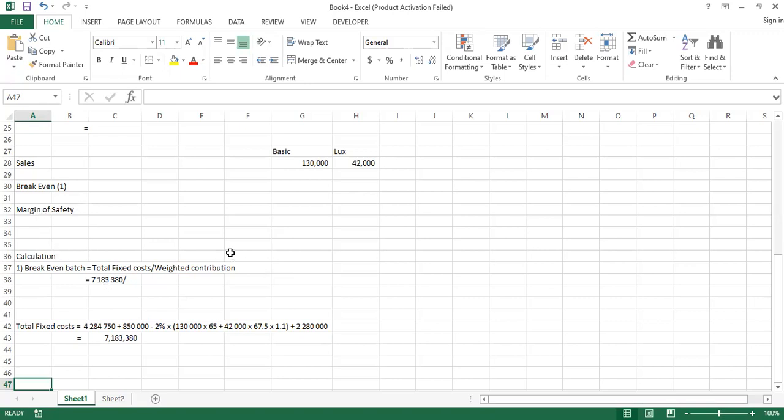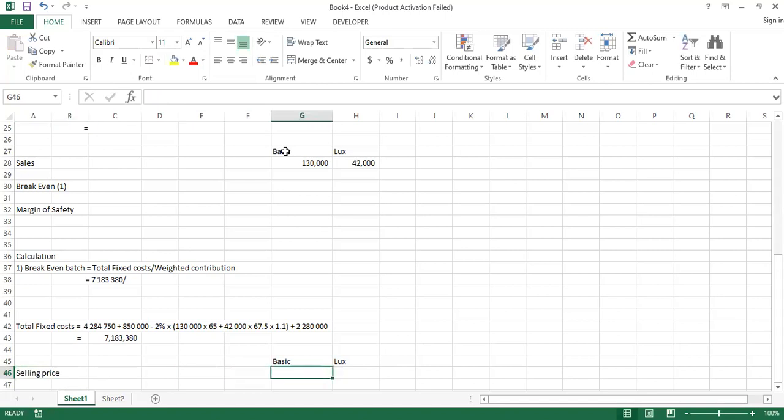All right, now we need weighted contribution. So how do we get our weighted contribution? We start off now by getting our contribution per product. How do we get contribution? We need selling price. What kind of selling price is the budgeted selling price?